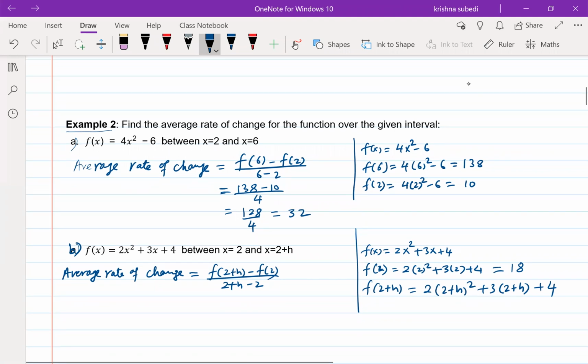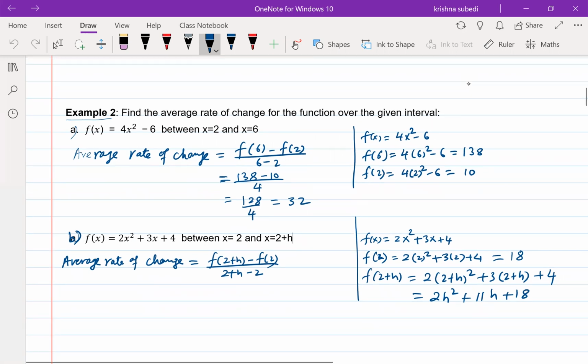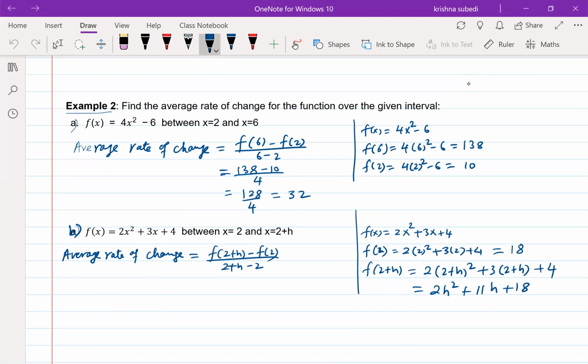So if you simplify this, you will be getting 2h squared plus 11h plus 18. Okay, you simplify it, you will get that. So our average rate of change is going to be, just substitute the value.